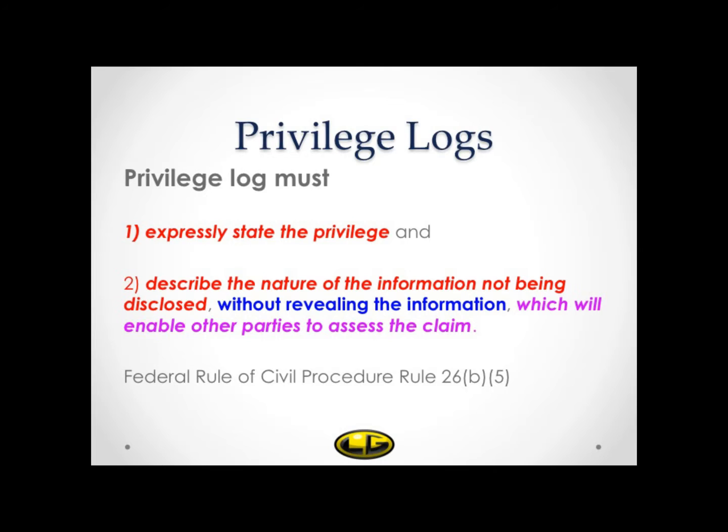A privilege log must expressly state the privilege and describe the nature of the information not being disclosed without revealing the information, which will enable the other parties to assess the claim. Very important, and there are many young attorneys being tortured doing this as we speak, but there are wonderful products out there that can make this a lot easier, and we'll discuss that at the end.